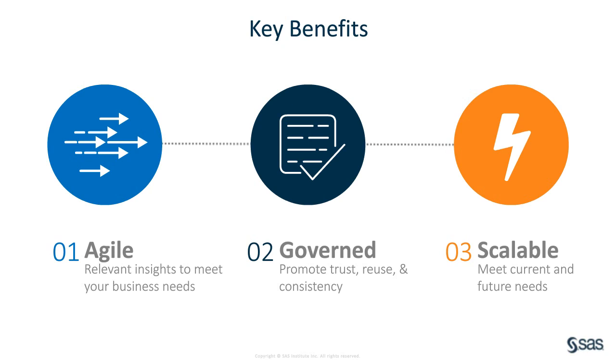And then finally, from a scalability point of view, scalability is not just from a data and user scalability point of view. SAS Visual Analytics allows you to grow from small, single machine deployments and take it up to your big data needs for distributed deployments.